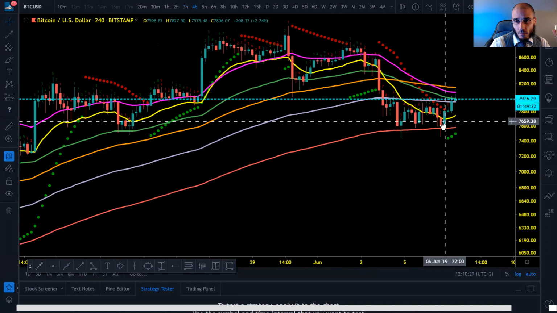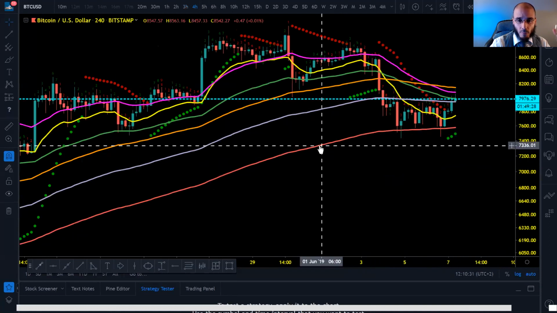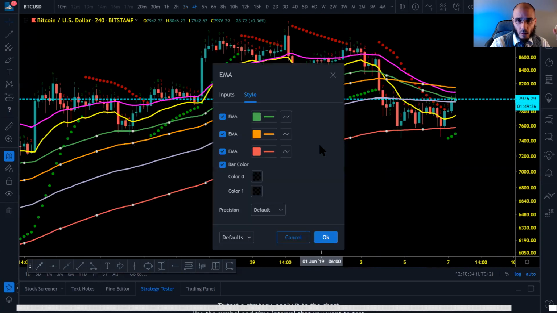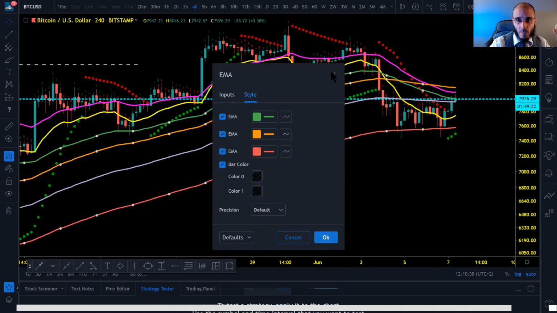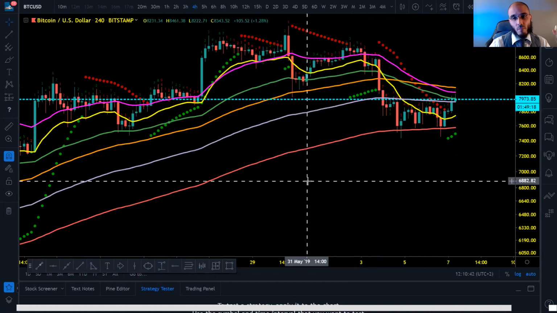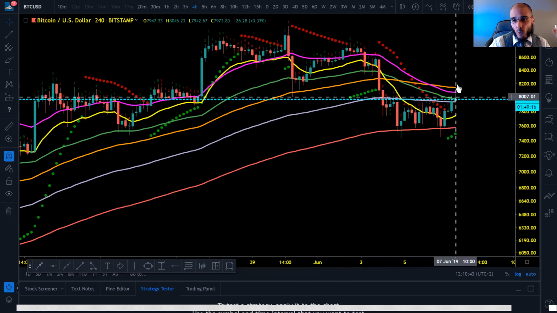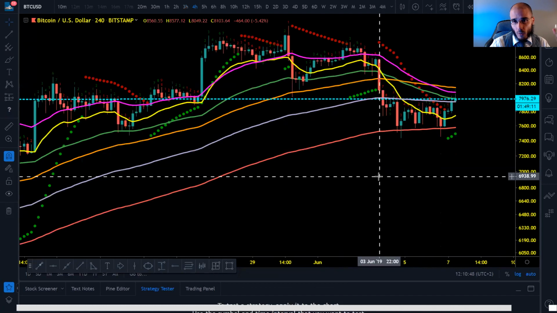It was looking like if we could break down by the moving average, the 200, it would hold, and price bounced up. You have resistance above, and I don't know how we will go, but I'm still looking for my correction.